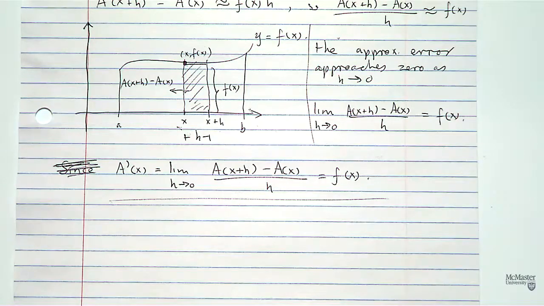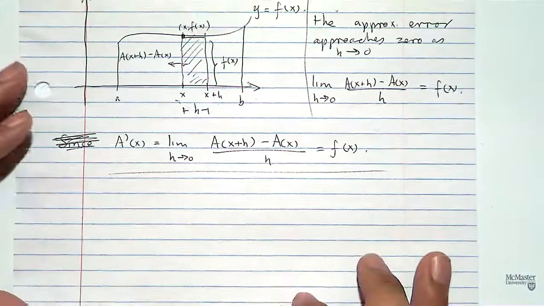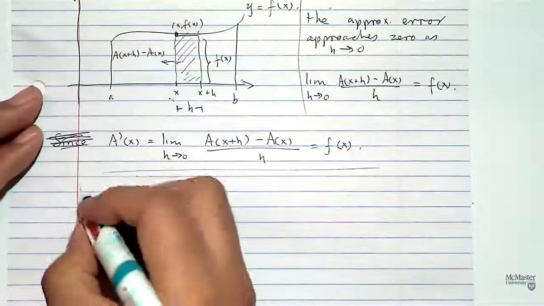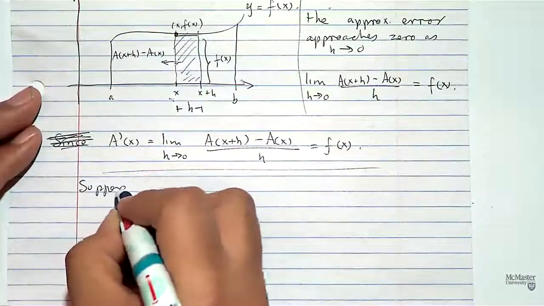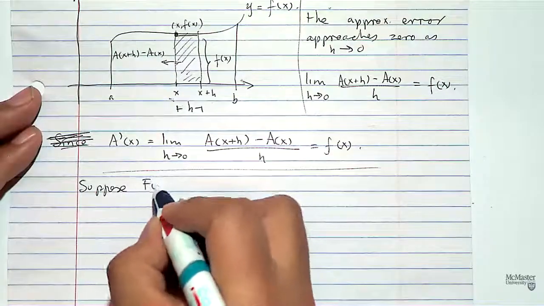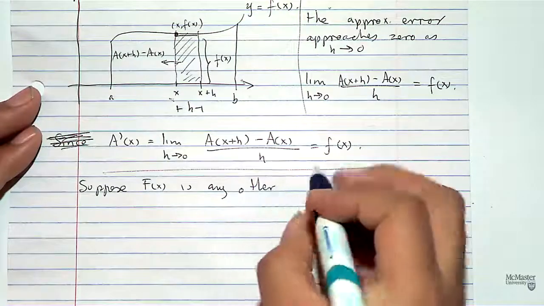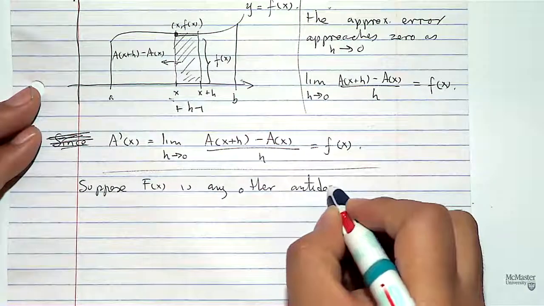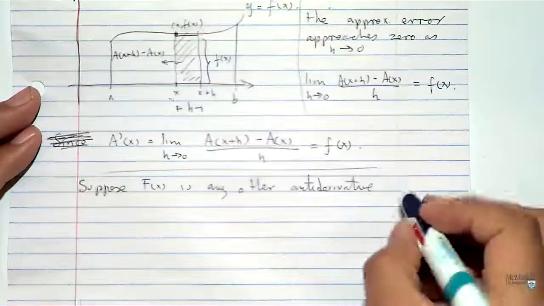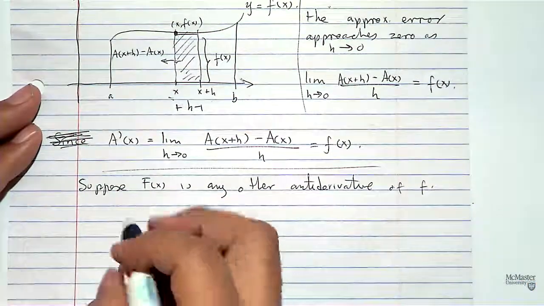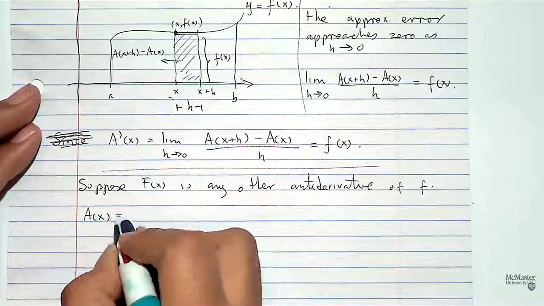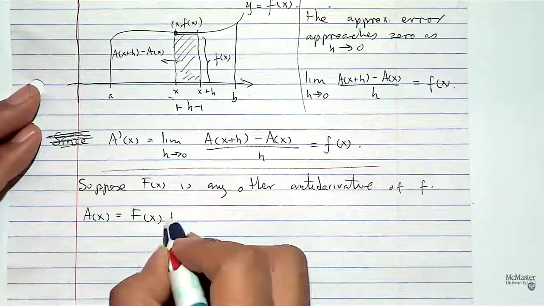There is also one last comment, which is that, let's say F of x is any other antiderivative of f. In that case, what you know is that they're only separated by a constant.